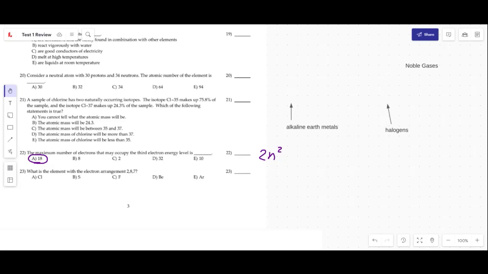So it's not actually asking you to calculate the average atomic mass, although you could. And for this purpose, I think it would be helpful to show you how to calculate it. It's actually pretty simple. All you have to do to calculate the average atomic mass is a weighted average. So for a weighted average, I'll take the mass times the abundance.